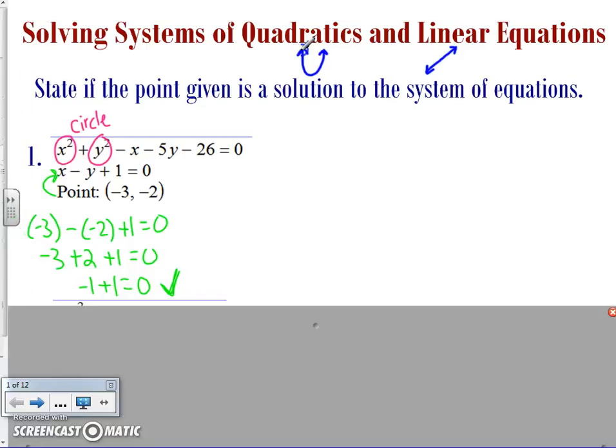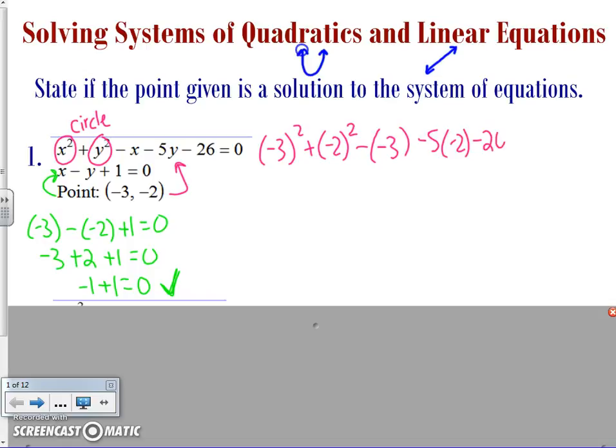All right, now I have to take the point -3, -2 and plug it into our circle. So wherever I see an x, we're going to replace it with a -3. And wherever I see a y, I'm going to replace it with a -2. Okay, so I've replaced everything in there. I always do parentheses, that way my sign stays with my numbers.